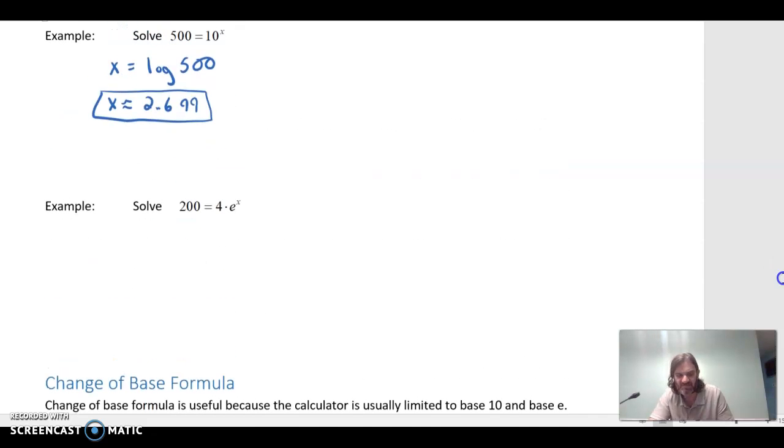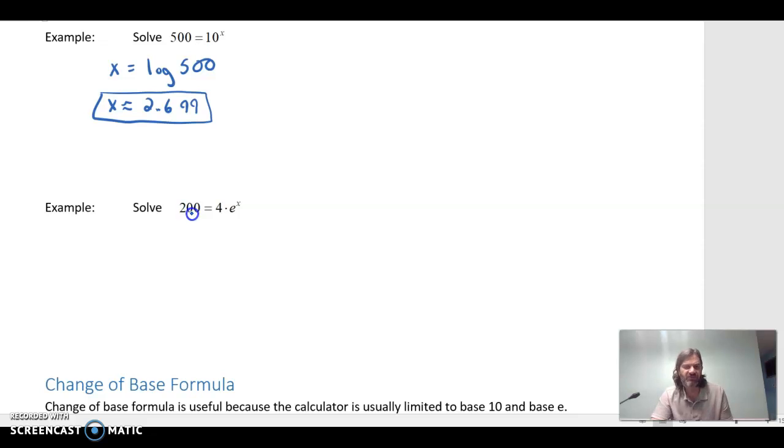Here's a similar one. Solve 200 equals 4 times e to the x. So if we want to do that conversion we had up top, which was y equals e to the x can be switched over to x equals natural log of y.